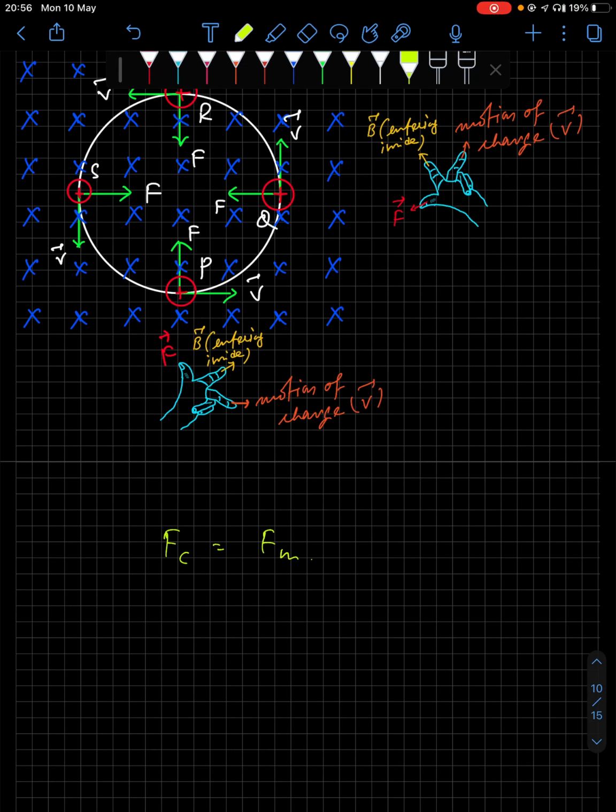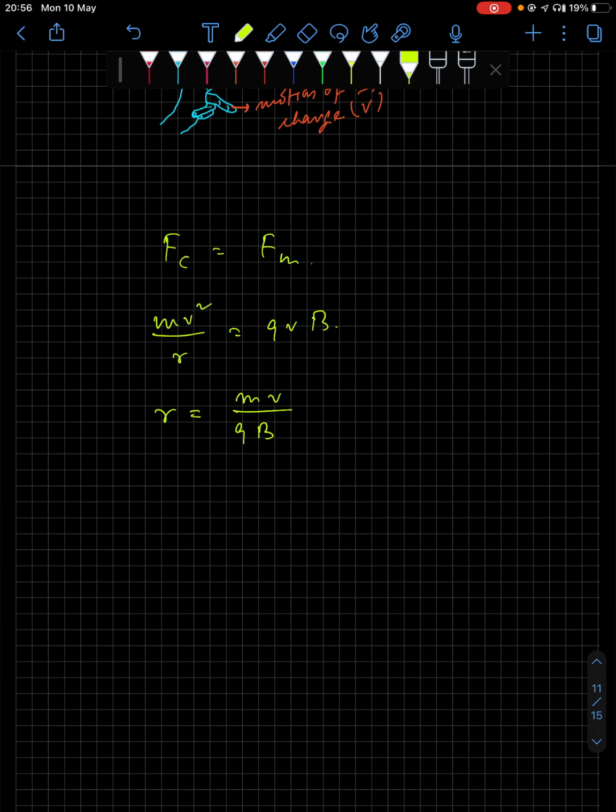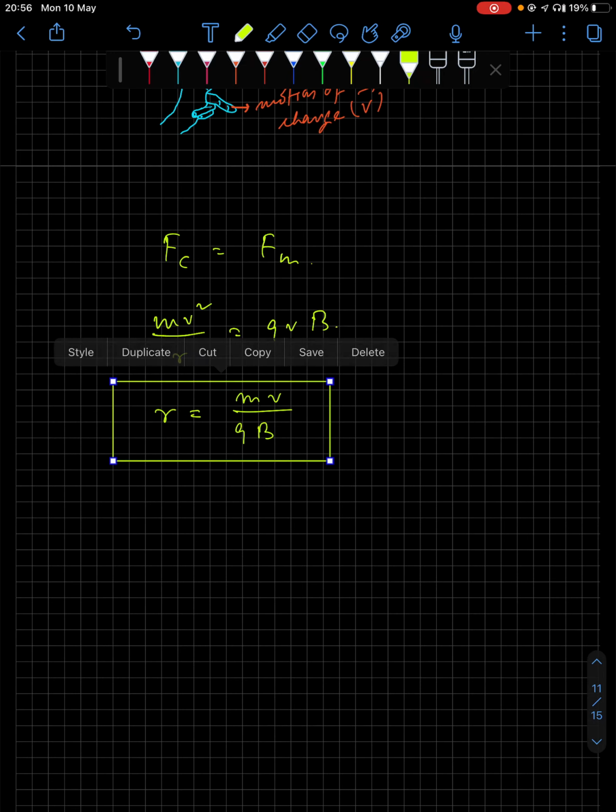So the centripetal force relation is mv square by r, and this is provided by QVB. So from here you get r equal to mv by qB. So this is the relation for the radius of the circular path.